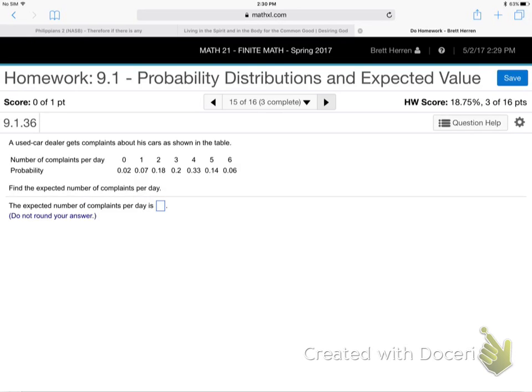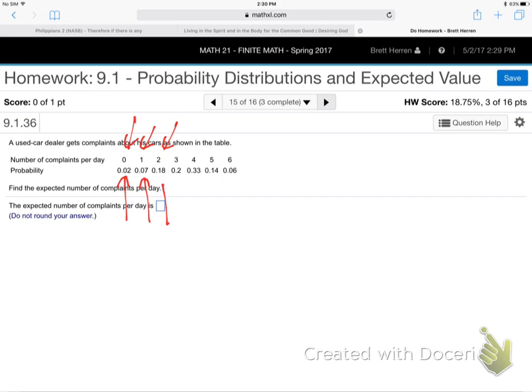Okay, so there we have a used car dealer who gets complaints about his cars as shown in the table. What's the average number of complaints per day? That's what we're trying to figure out, right? That's what expected value is, like an average. So he gets 0 complaints 2% of the time, 1 complaint in a day 7% of the time.